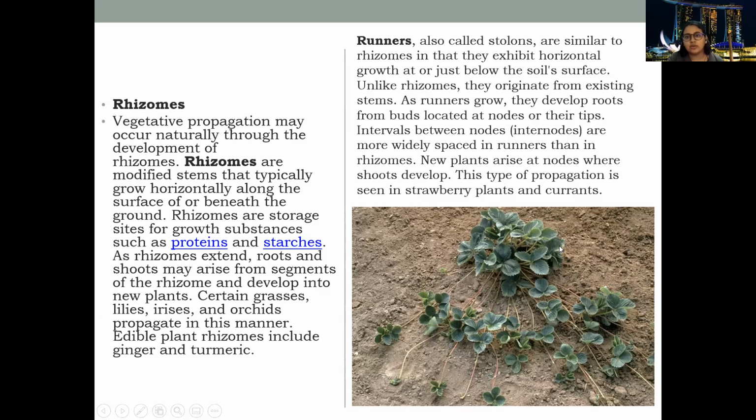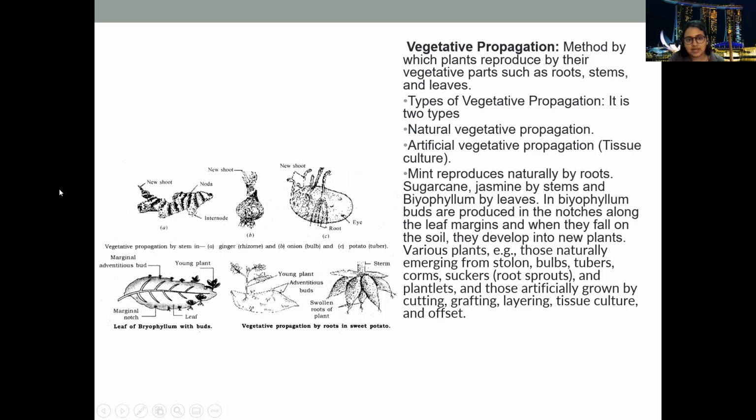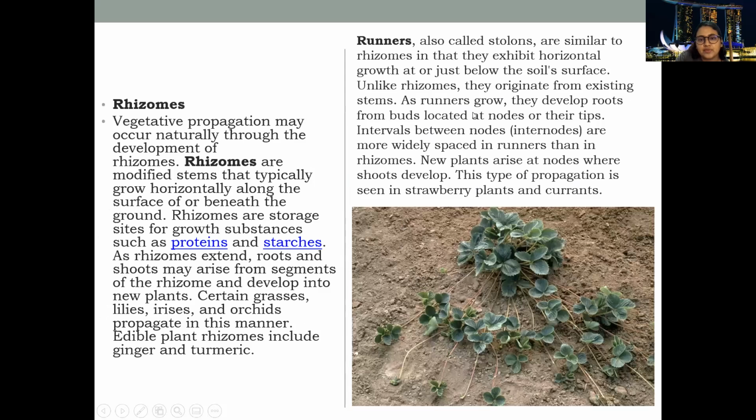As runners grow, they develop roots from buds located at nodes or their tips. It is just like rhizomes, right? In case of rhizomes also, the buds appear from the node region, where you can find the dry scaly leaves.